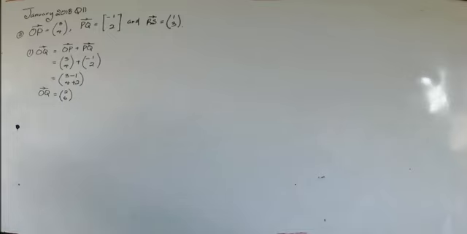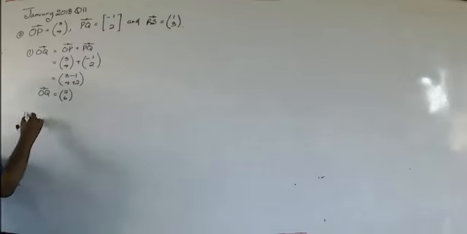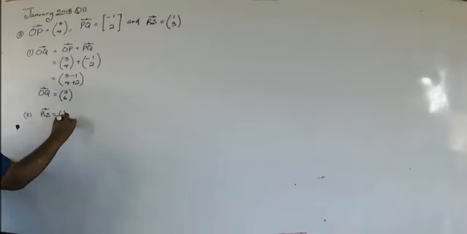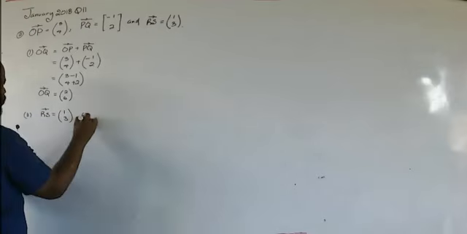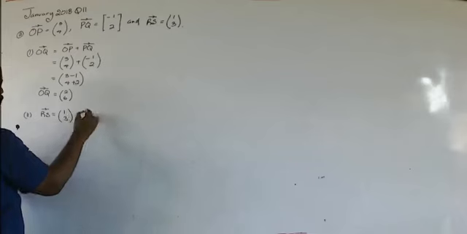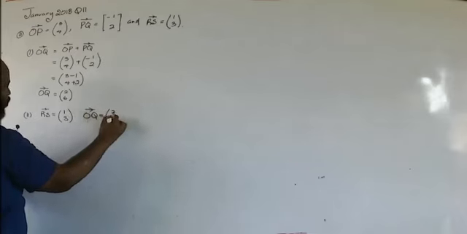Show that OQ and RS are parallel. What is RS? It's 1, 3. It's not 1 over 3. And OQ, as we just found, is the vector 2, 6.